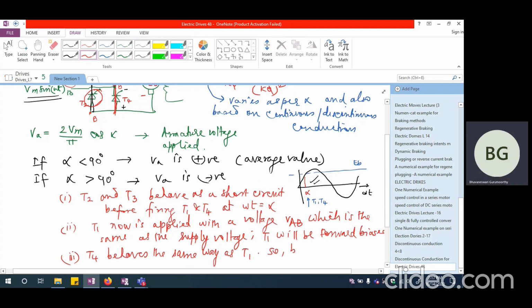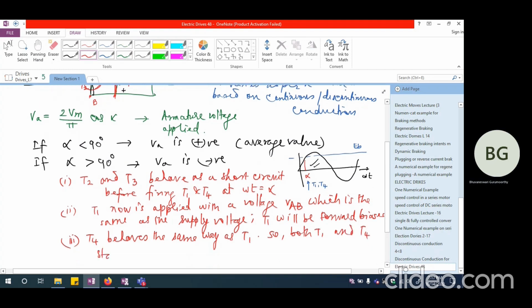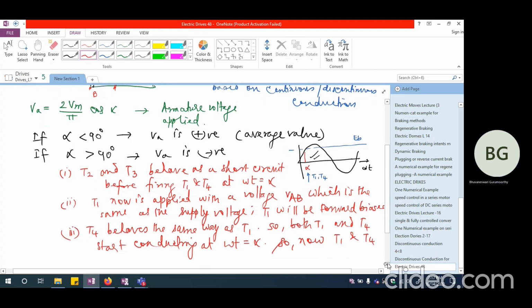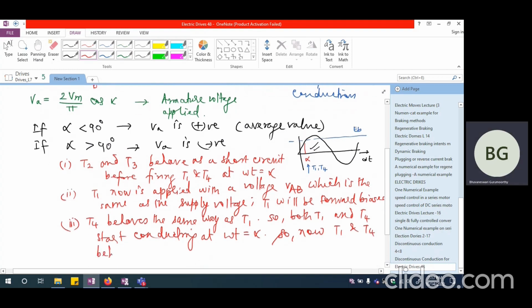So both T1 and T4 start conducting at omega t equal to alpha. So now T1 and T4 behave like short circuits.